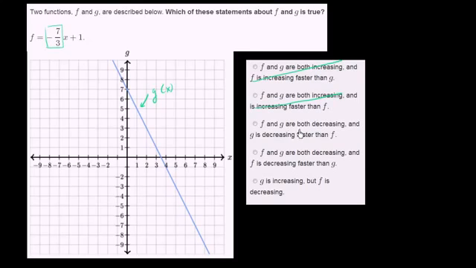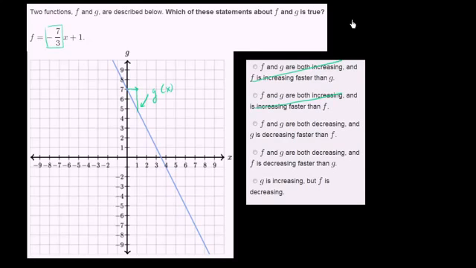So this first choice is they're both decreasing, and g is decreasing faster than f. So let's see what the slope on g is. So the slope on g is every time we move 1 in the x direction, positive 1 in the x direction, we move down 2 in the y direction.